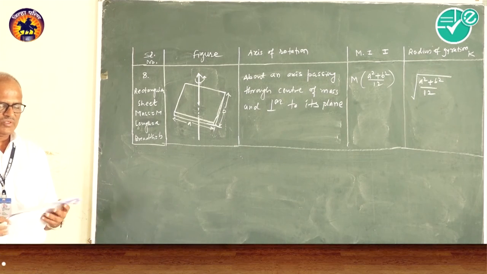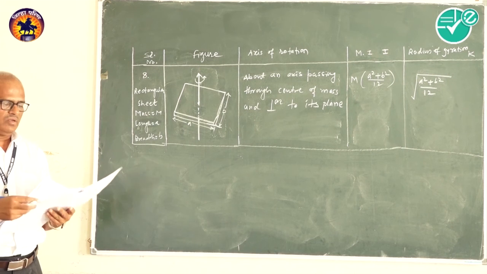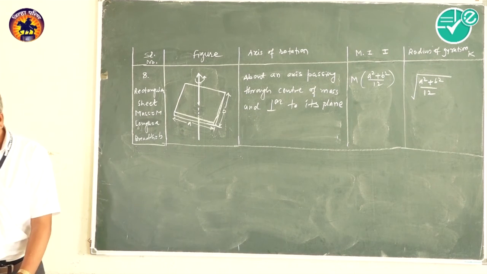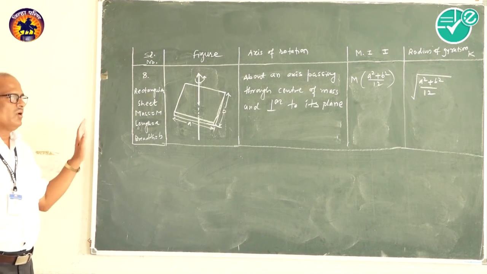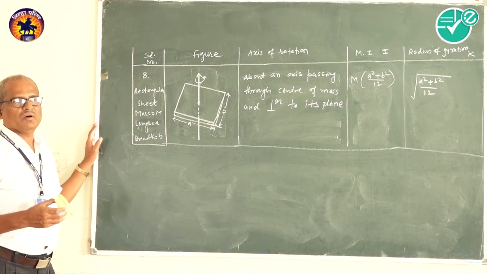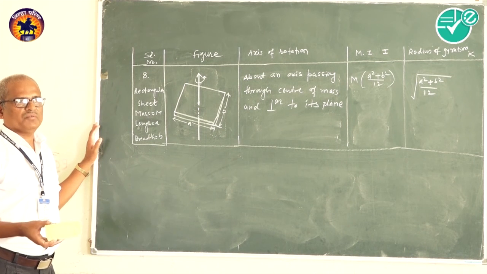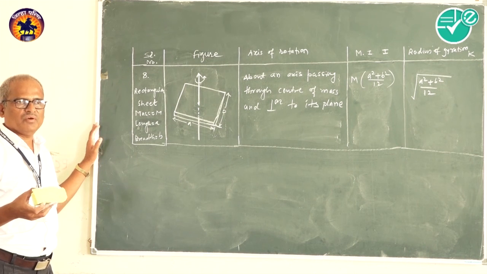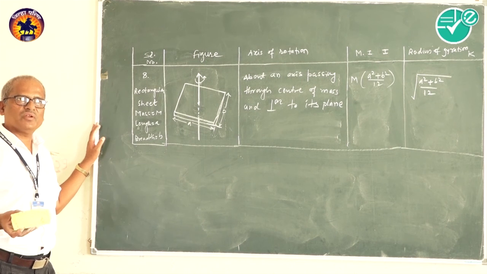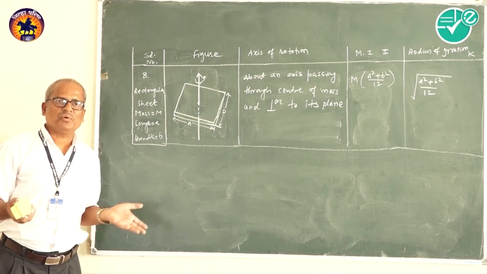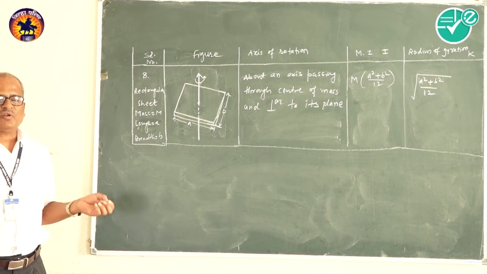Now these are the things that we should know: starting from the definition of motion, then rigid body, moment of inertia, radius of gyration, some two principles, some formulae.